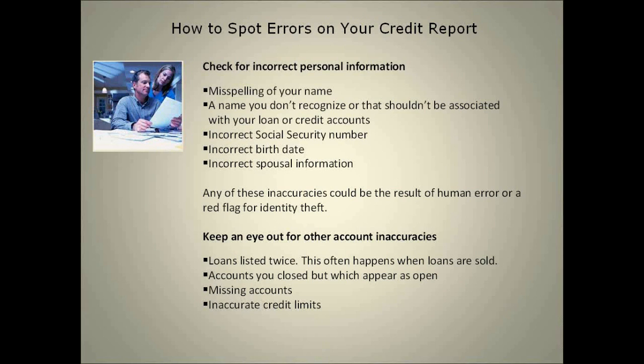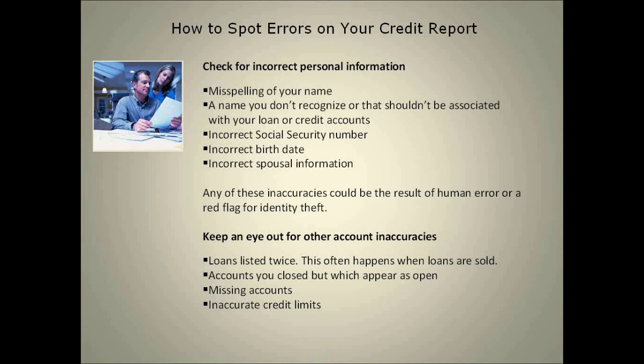You also want to keep an eye out for other account inaccuracies. You might notice that a mortgage loan might be listed twice on your report. This often happens when loans are sold, but sometimes when they're listed twice, it may make you look like you owe double, and you don't. Look for accounts you closed but are still showing as open. Look for accounts that you're making payments on, but they're not in your credit report.